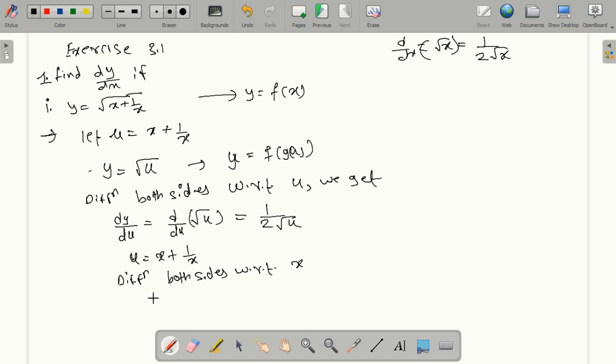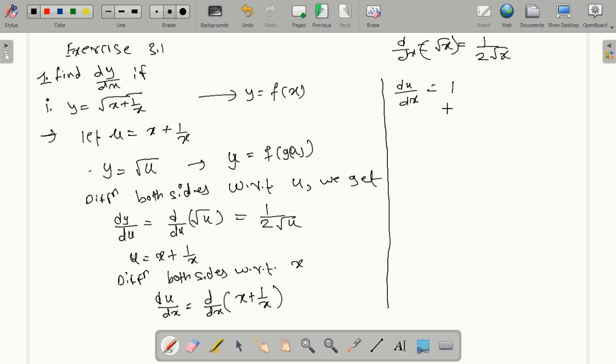So du by dx is equal to d by dx of x plus 1 upon x. If you perform the differentiation, du by dx is equal to the derivative of x, which is 1, plus the derivative of 1 upon x, which is minus 1 upon x squared, right?